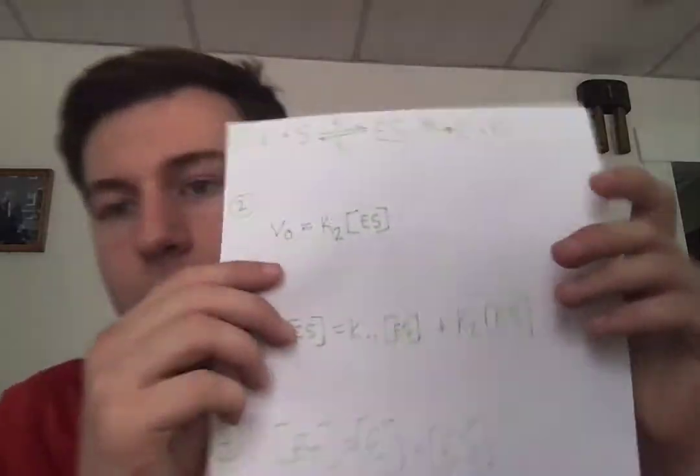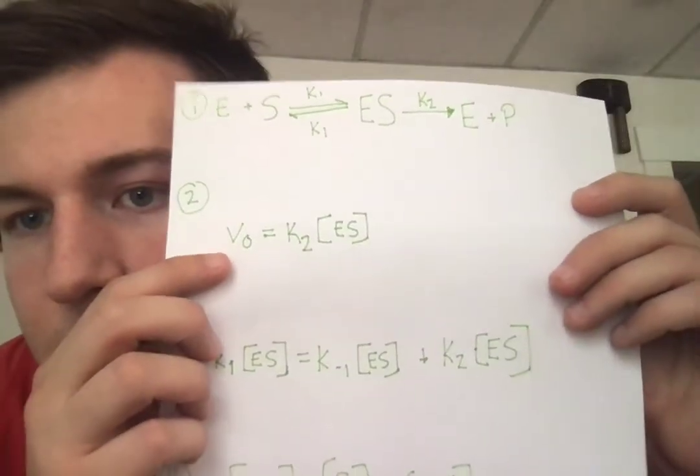Next, we will substitute the total enzyme into the steady state equation, which we labeled in number 3, and rearrange it to solve for ES, as written here in number 5.